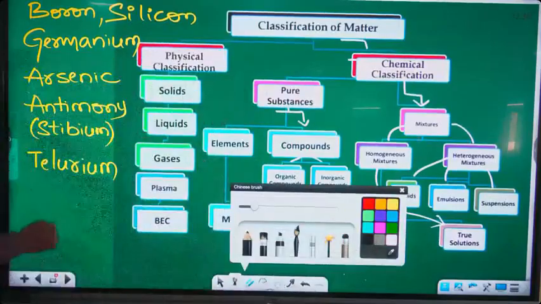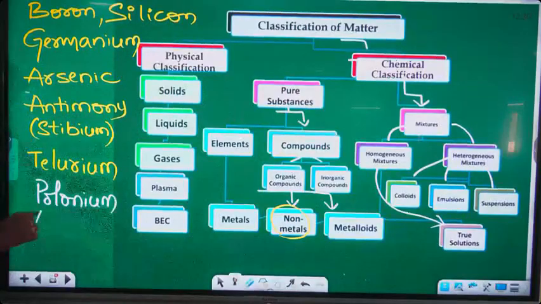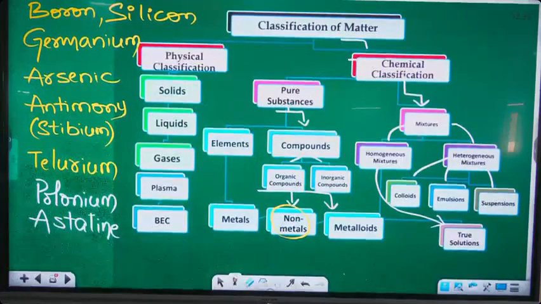Then the remaining two, polonium and astatine. Boron, silicon, germanium, arsenic, antimony, tellurium, polonium, and astatine.